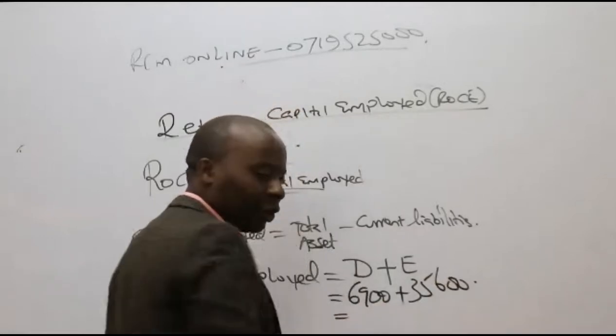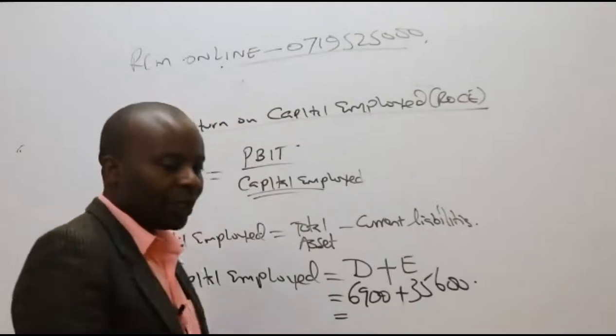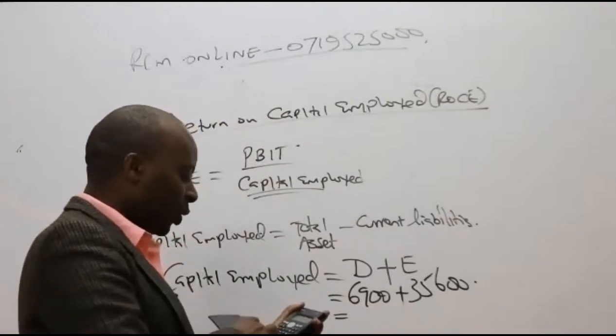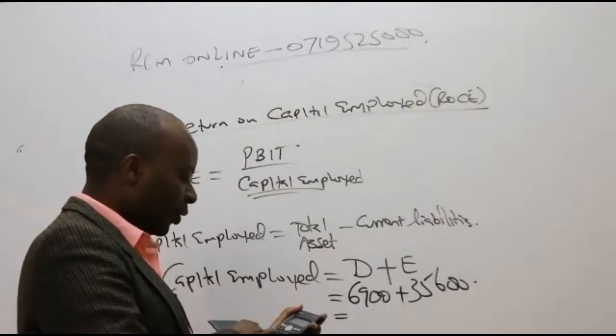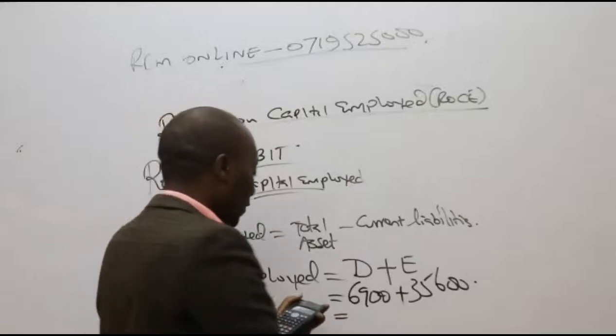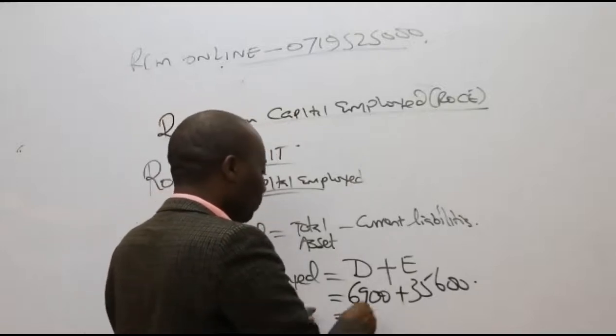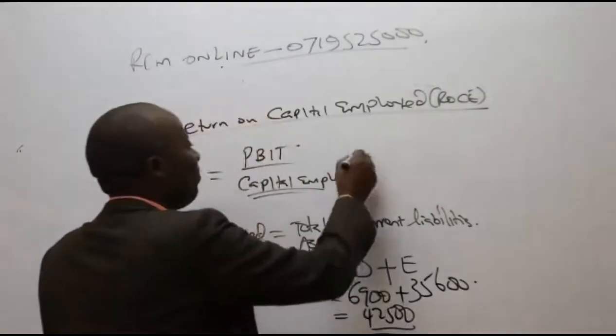When you add these two, you get our capital employed, which will be 6,900 plus 35,600, which gives us 42,500.